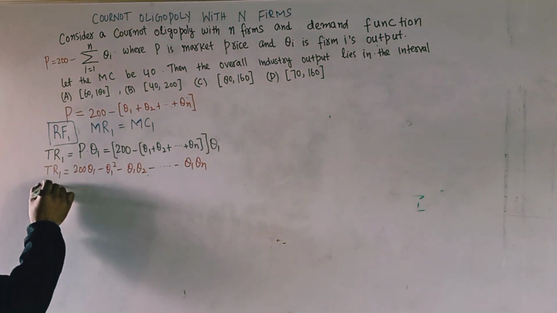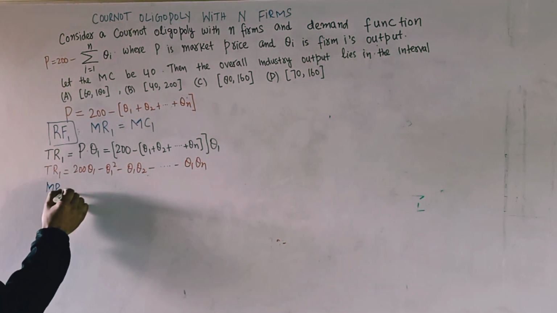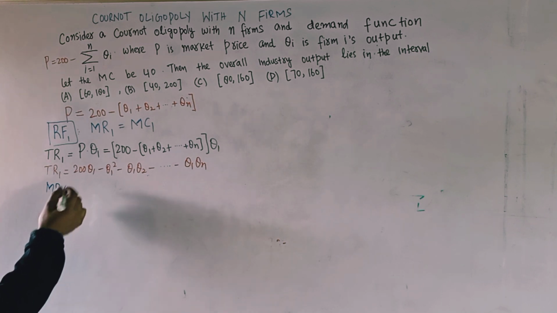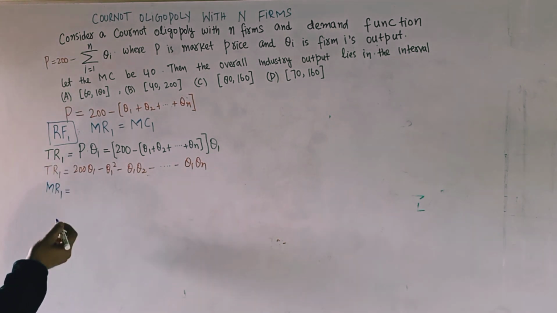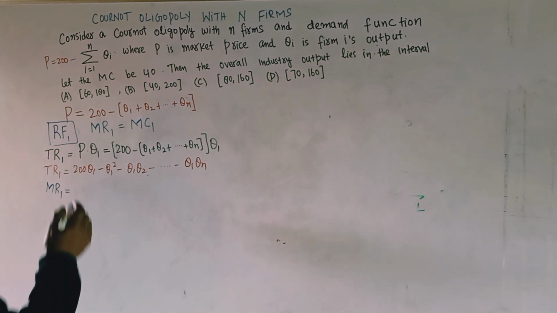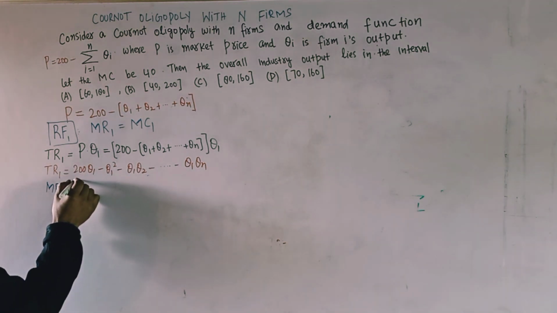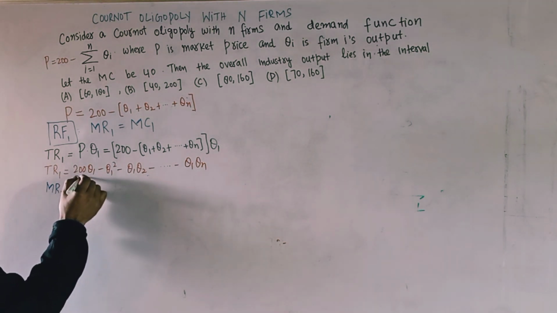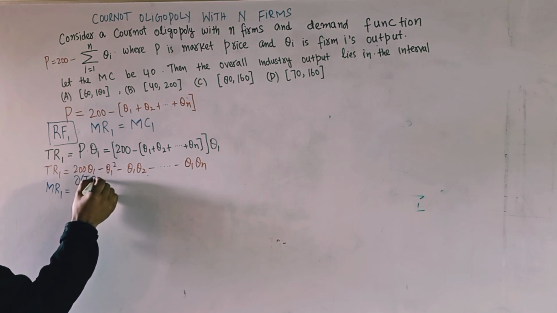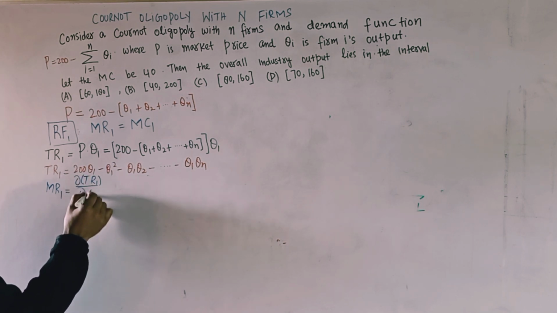Now, the marginal revenue function of firm 1 will be equal to the partial derivative of the total revenue function of firm 1 with respect to the output of firm 1.